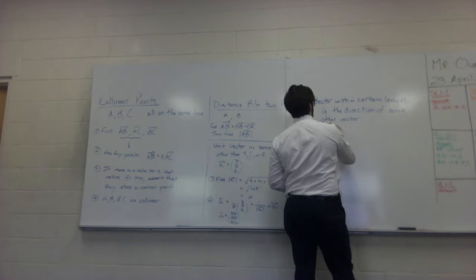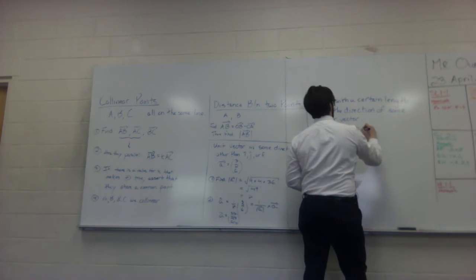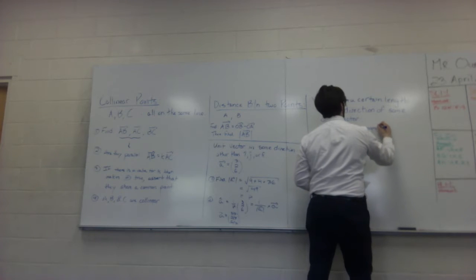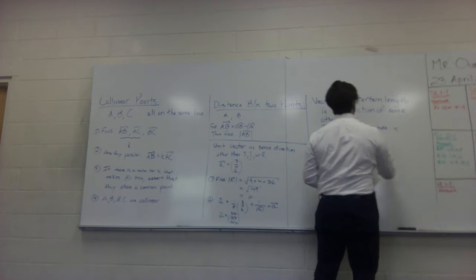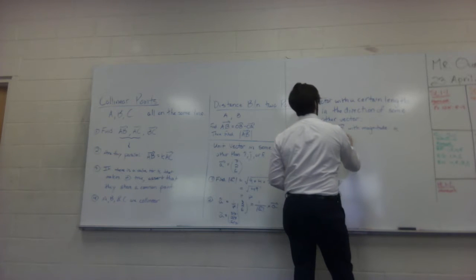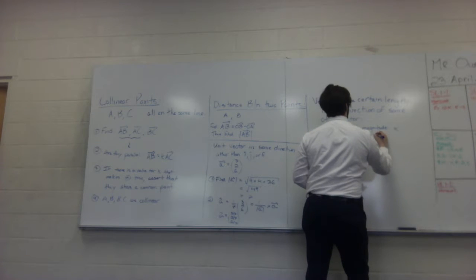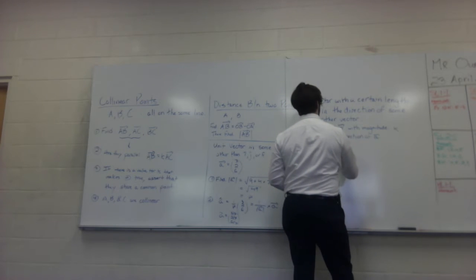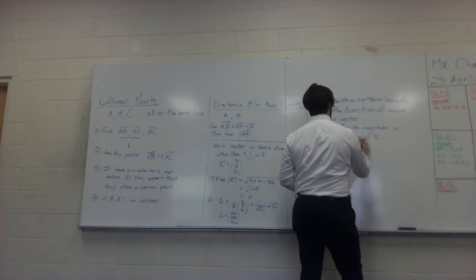So find B with magnitude K in the direction of A. So vector B is equal to K times the unit vector A. Exactly.